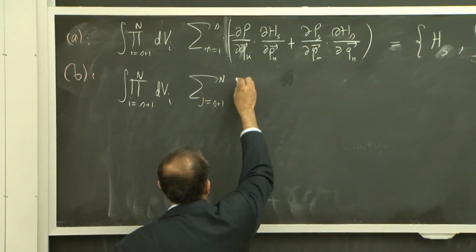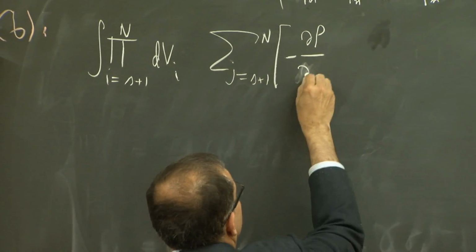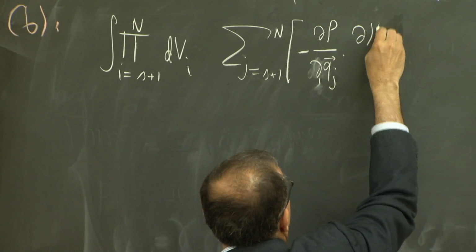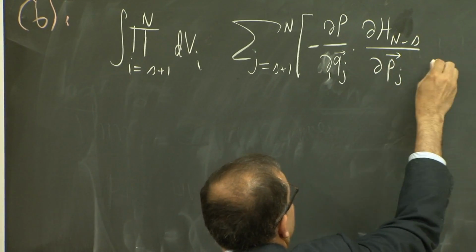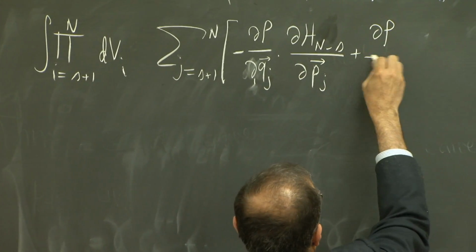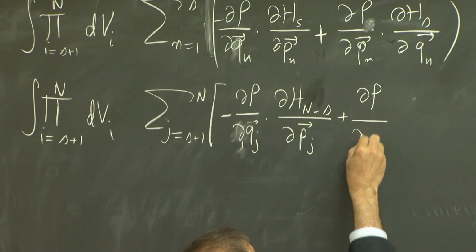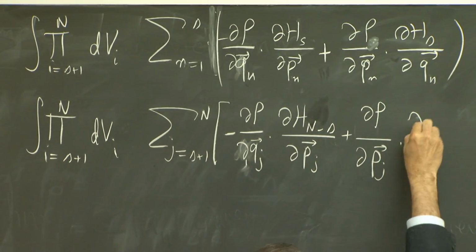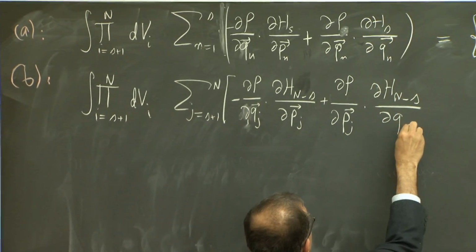And actually, I can just write the whole thing as above: d rho by d qj dotted by d h n minus s by d pj, plus d rho by d pj dotted by d h n minus s by d qj.